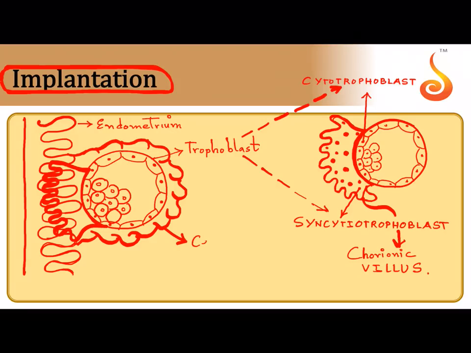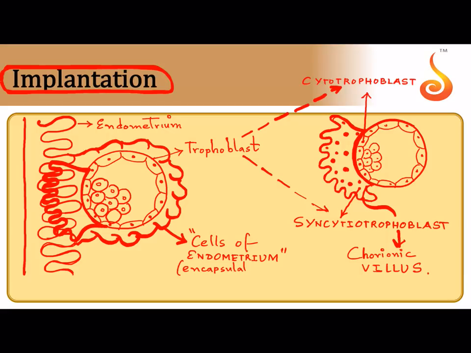So this is nothing but cells of the uterus, endometrium. It literally encapsulates the blastocyst. See, it is encapsulating the blastocyst. The blastocyst is sitting safely inside now. It's buried in the uterine endometrium. All right. So I hope you understood the process of implantation with this. Let's move ahead to the next slide.